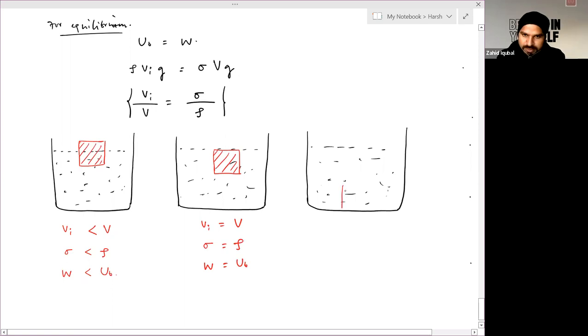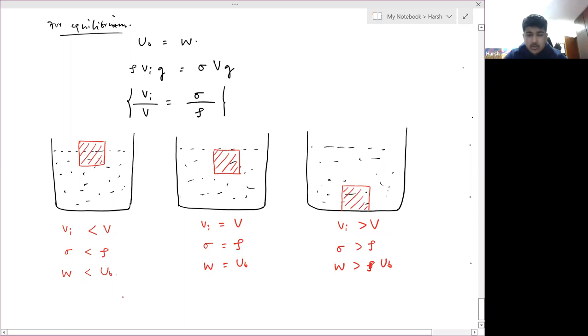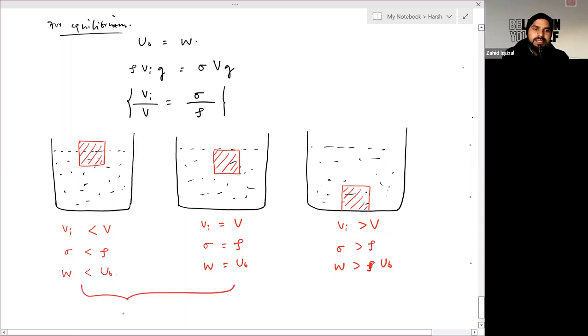Let's say in the third part, at this point, volume of object immersed is greater than its actual volume, so sigma will be greater than rho and weight will be greater than buoyant force. So in the first two cases it will have a tendency to float, and in this case it will sink.